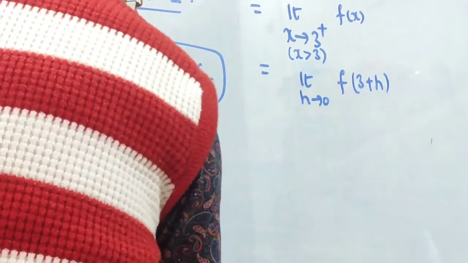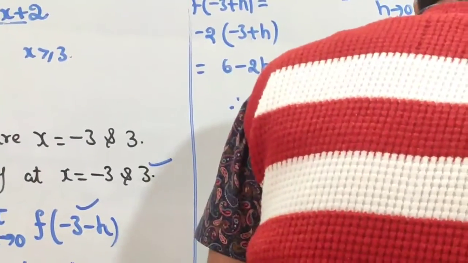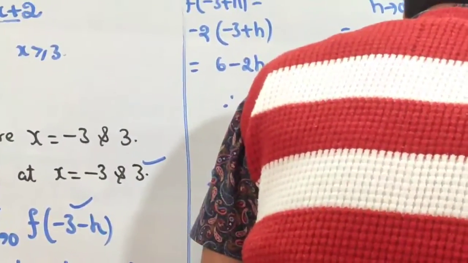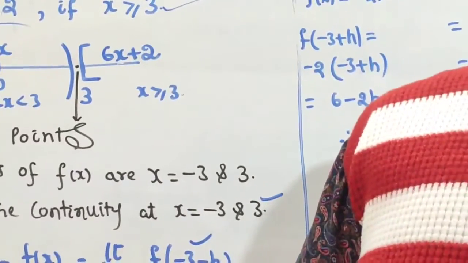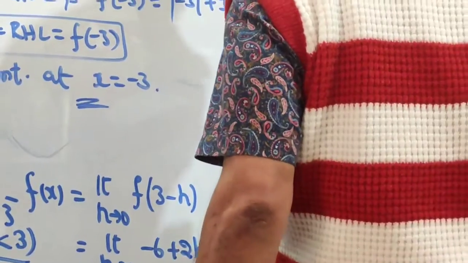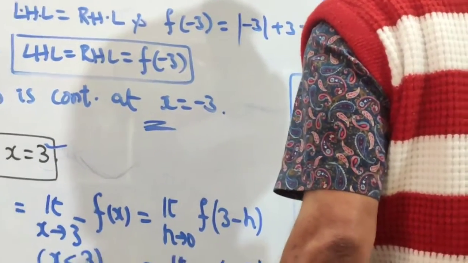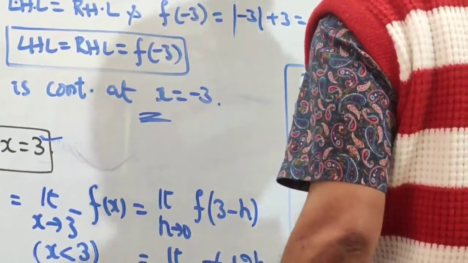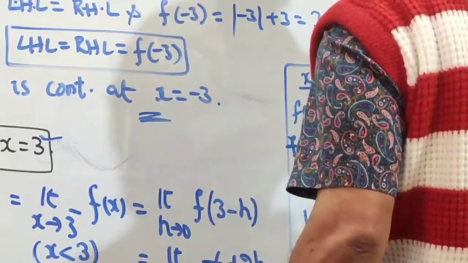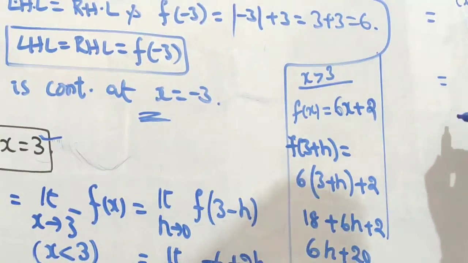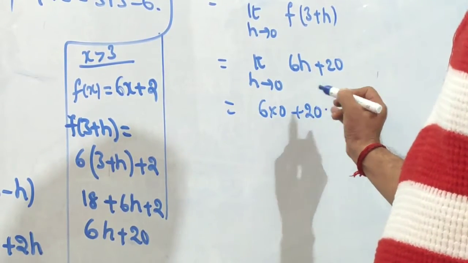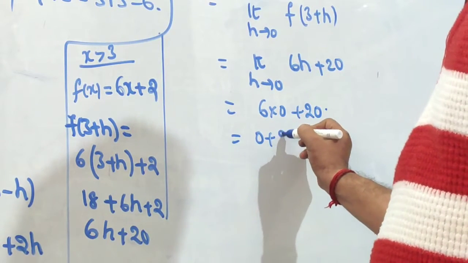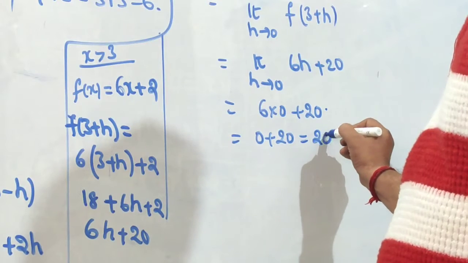So 18 plus 6h plus 2, so 6h plus 20. Therefore, it is limit h tends to 0 of 6h plus 20. So that is equal to 6 into 0 plus 20, that is equal to 0 plus 20, that is equal to 20.